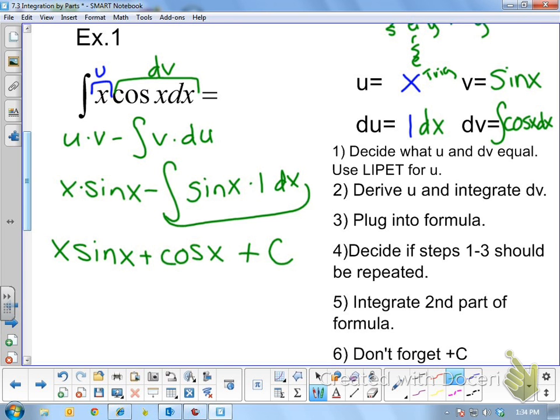So we have to do it again until we only had a number left and not a variable. So we'd have to do it like 10 or 11 times. And we'll learn a shortcut way next time. But this time, it's never gonna repeat more than once, maybe twice. We're not gonna be doing ones that repeat a lot.